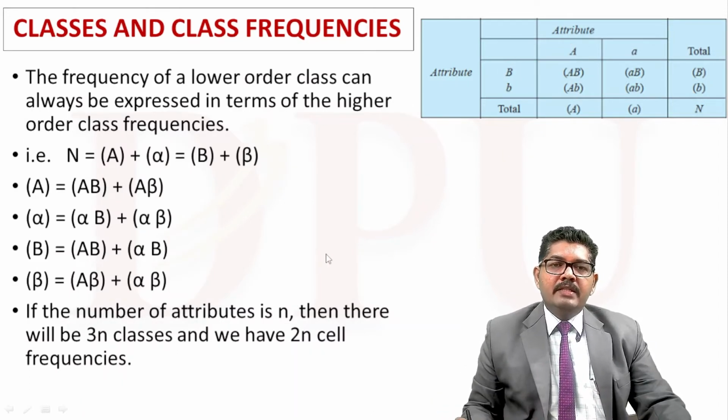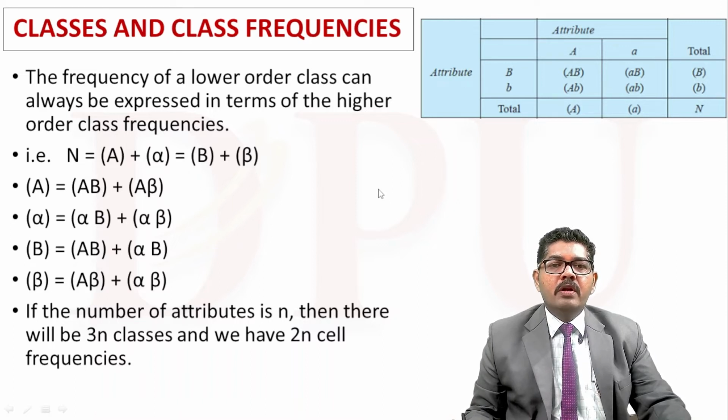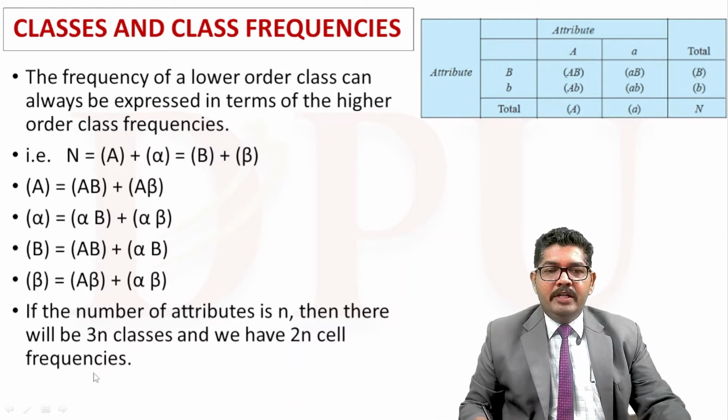So classes and class frequencies. The frequency of a lower order class can always be expressed in terms of the higher order class frequencies. For example, when we add these two things, let me take the pointer option.